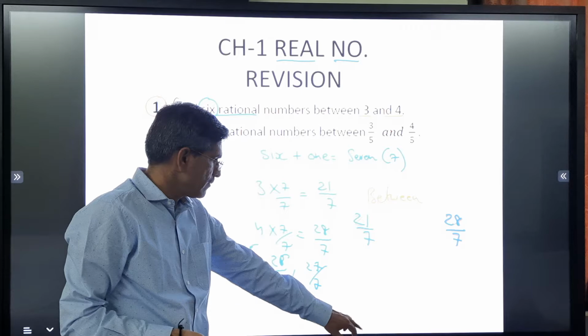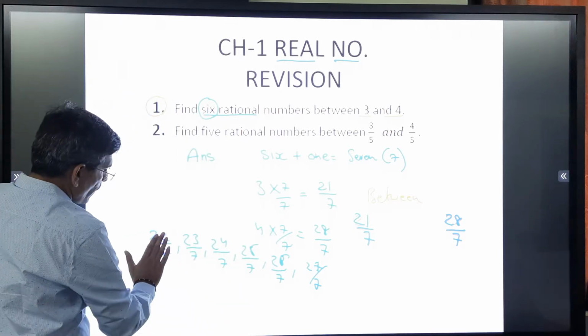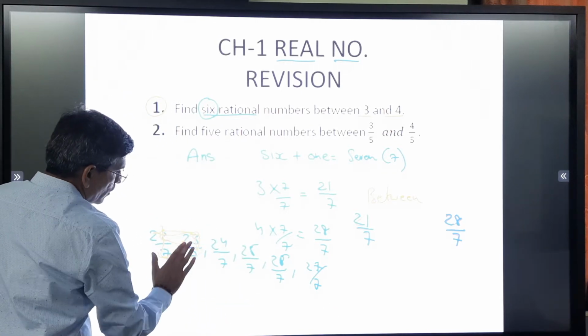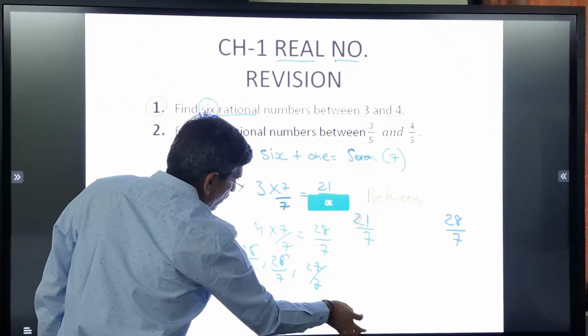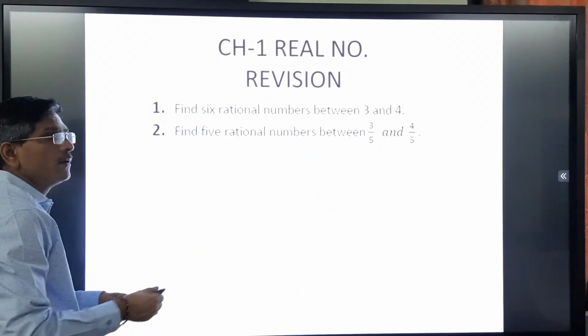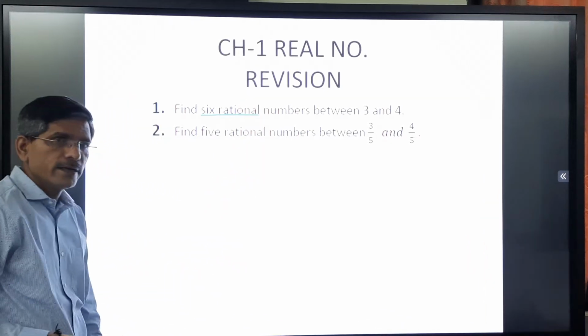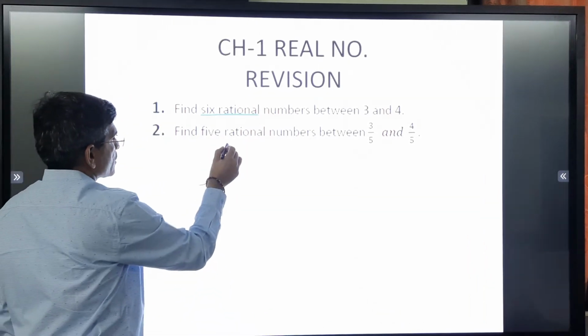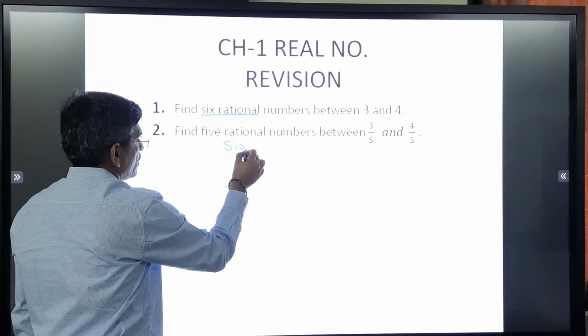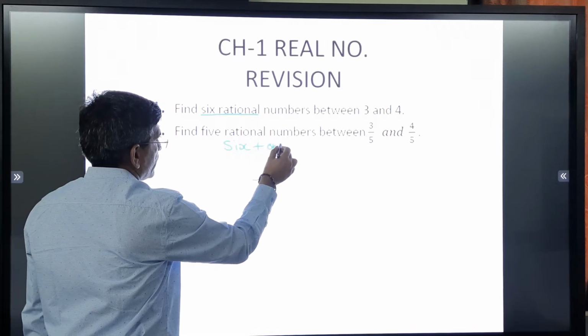Again I explain everything. First, what is the first step? 6 rational numbers. So 6 plus 1, that is 7.